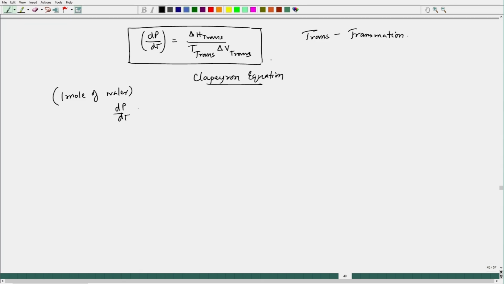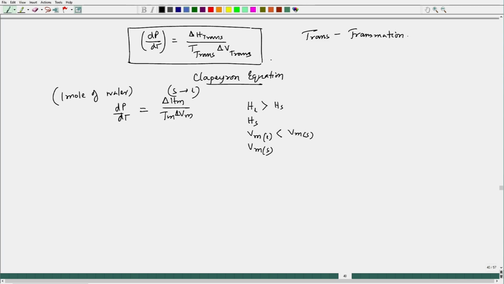So, there this would be equal to ΔHm / (Tm ΔVm), and here I am talking about solid to liquid transformation. Let us understand what is the value of liquid H, solid H, Vm liquid, Vm solid. In fact, H liquid is greater than H solid, and Vm liquid is smaller than Vm solid.